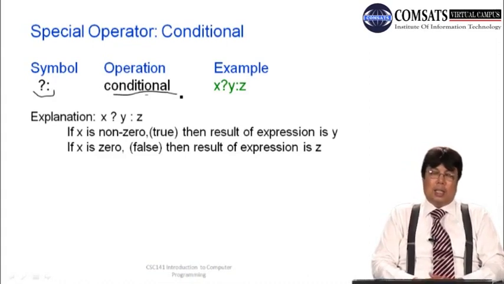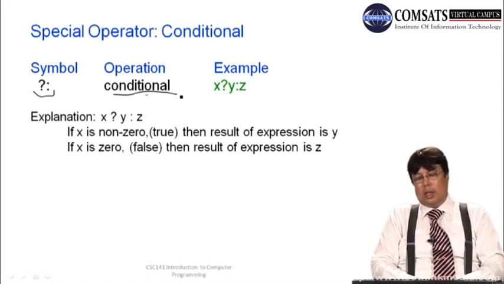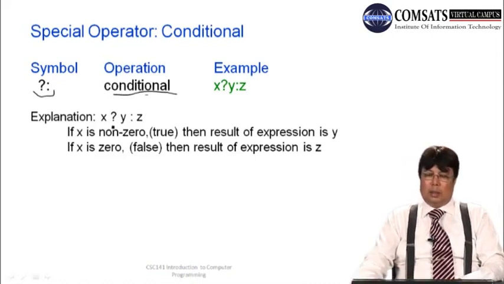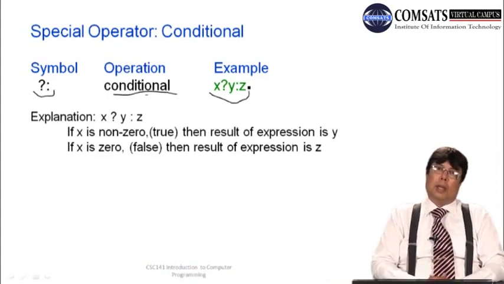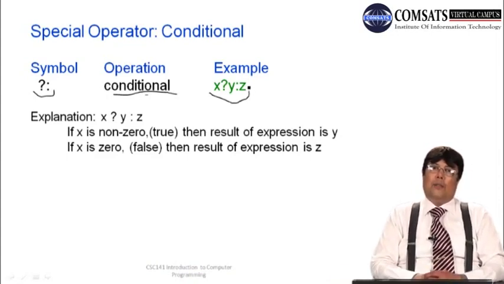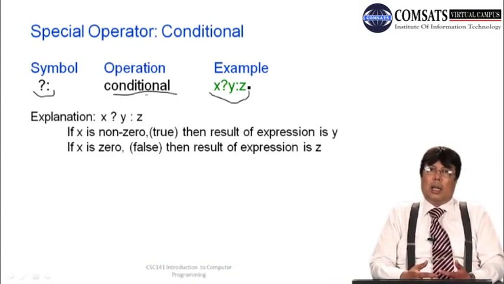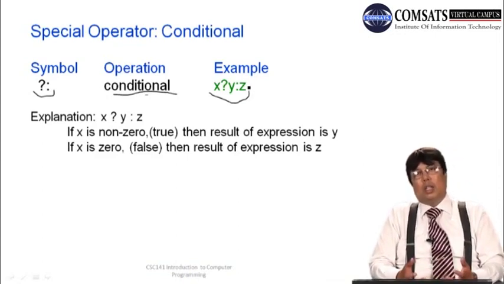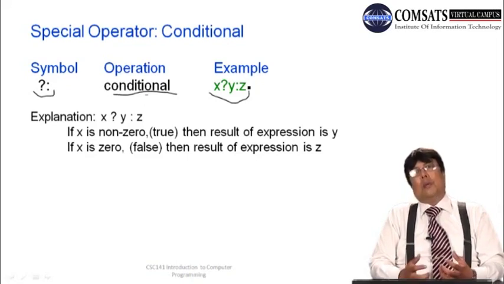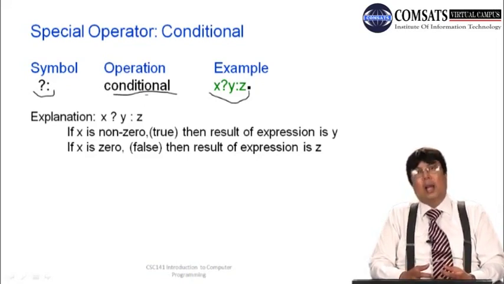But if x is 0, meaning false, then the result of the expression will be equal to z. So x ? y : z is treated as: if x is true, then the output of the expression is equal to y, otherwise the output of the expression will be equal to z.